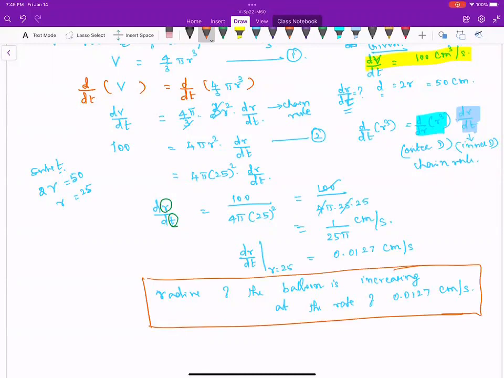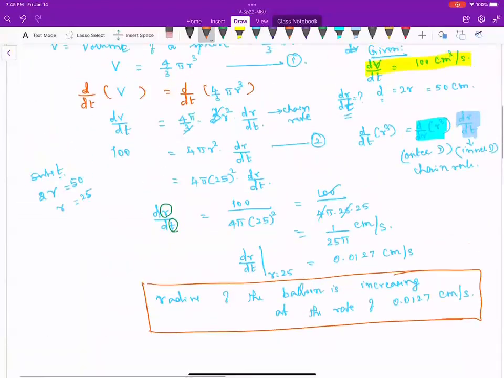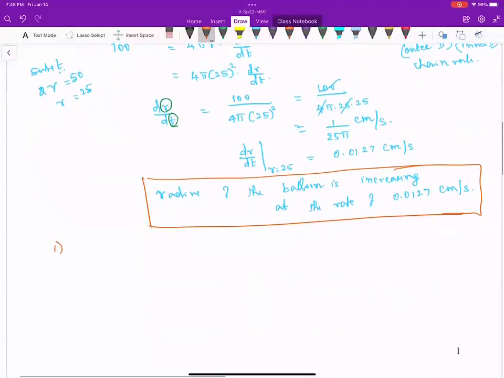All right. So notice in this problem, the guidelines for doing these problems is that first you understand the problem, just like any other word problem.